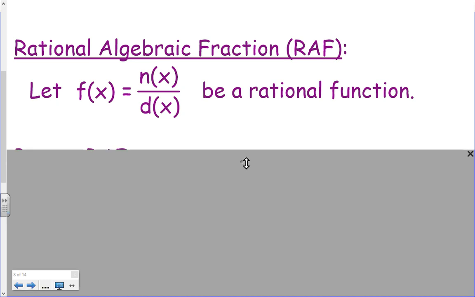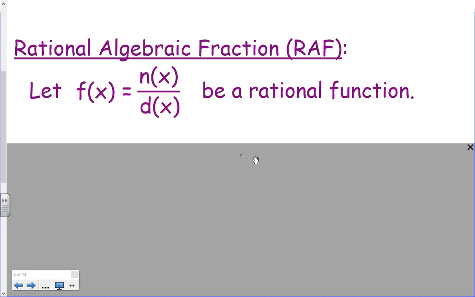We're going to talk about what's called a rational algebraic fraction. I'm going to abbreviate that RAF just because we've got several times that we'll refer to this. But a rational algebraic fraction, we're going to let f of x be a rational function. So that means it can be written in the form of n of x divided by d of x.